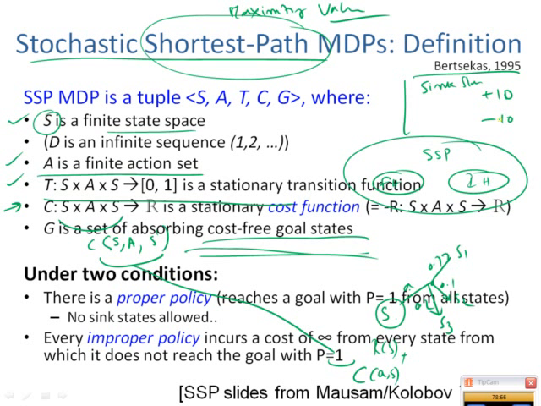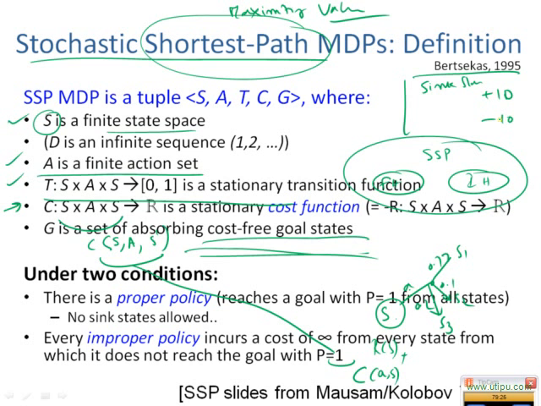SSP did talk about absorbing cost-free goal states. But SSP never had states that are non-goal states, but once you reach there, you can't do any more actions. So if you only have these kind of absorbing states, the only way you would be unable to do any more actions is because you already reached the goal.